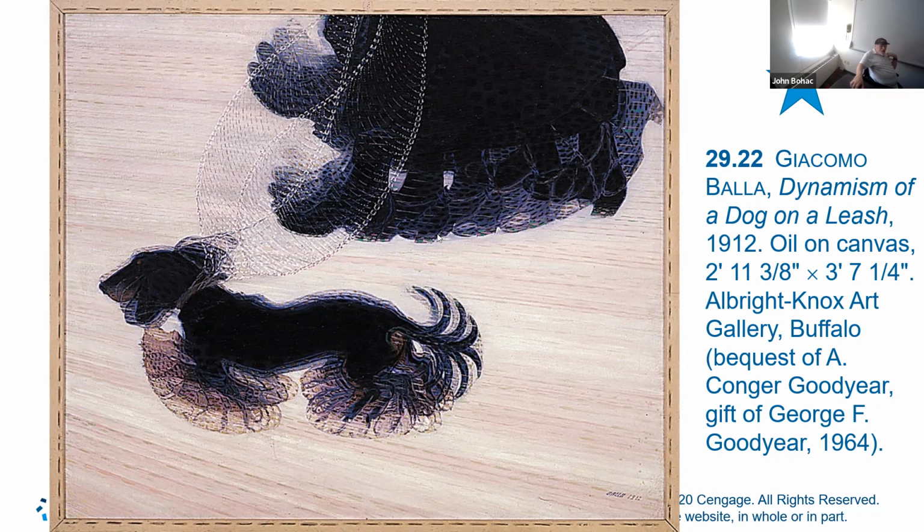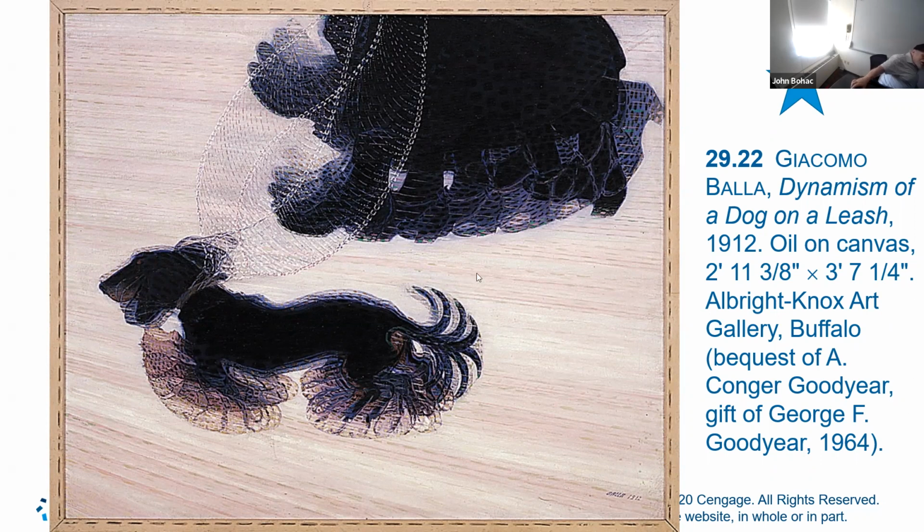And you can see what's happening here. This almost looks like a time-lapsed photograph, in that you see the swinging of the leash, the woman, the feet, the wiener dog, feet, the tail, the head moving around. And they had kind of an overall idea that the art of this new century, this new 20th century, should be dynamic.